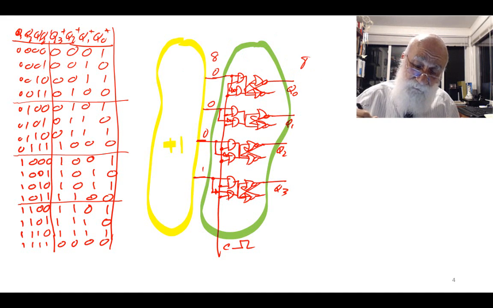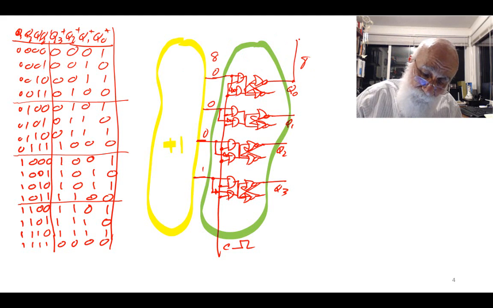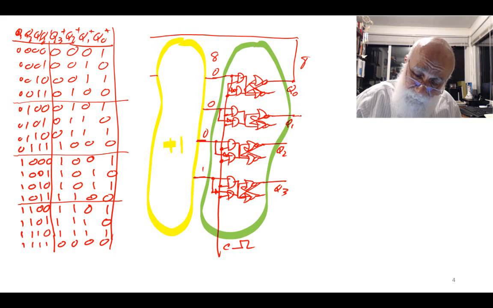Okay, 8 goes here. Then I'm going to take these outputs and feed them back into the circuit.